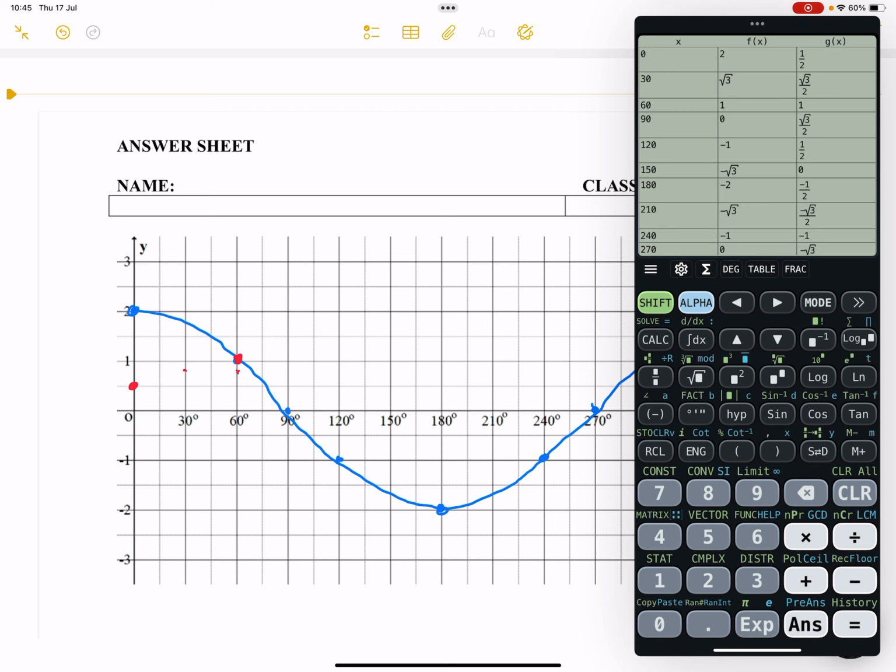At 90, root 3 over 2. I'm going to put it there. Then we've got 1 over 2 and 0. At 150, the graph is 0. That's negative a half at 180.